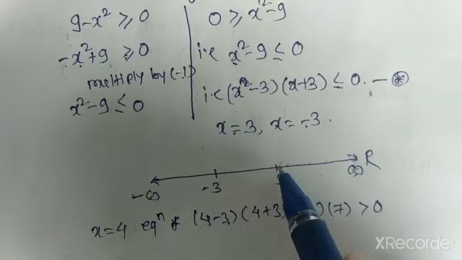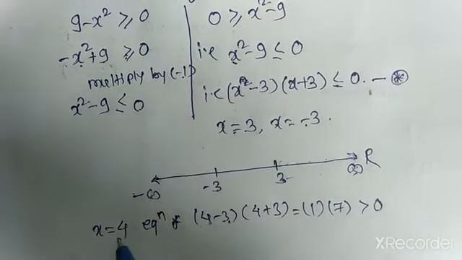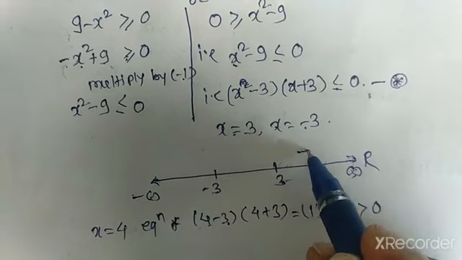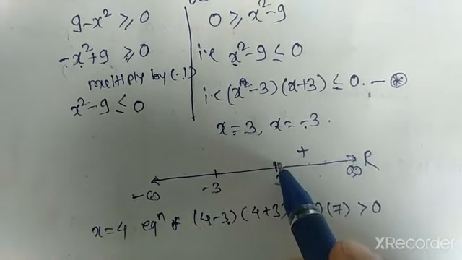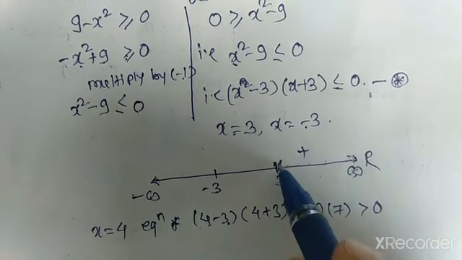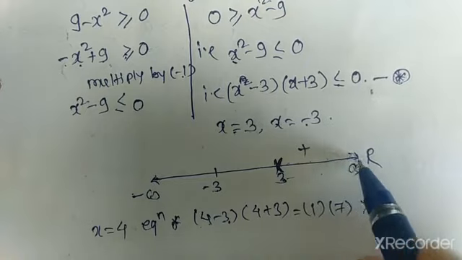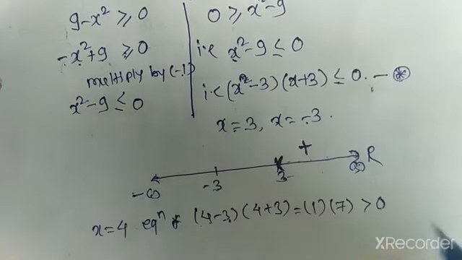That means when we take x greater than 3, it will be positive in this domain. For 3 it is 0, and for 3 to infinity it is positive.